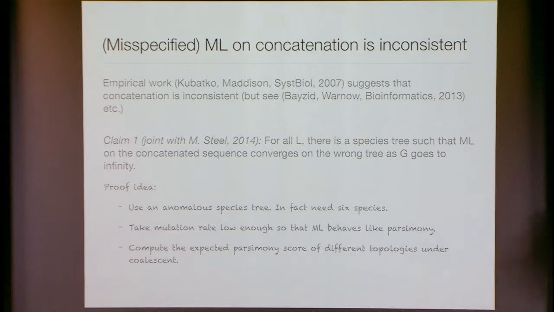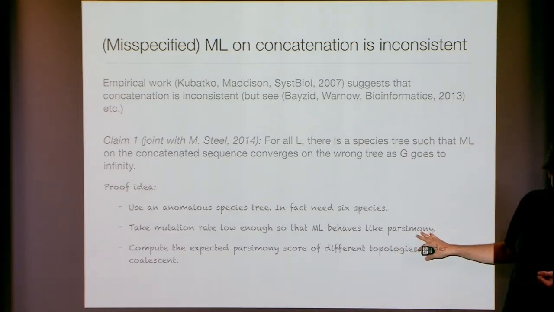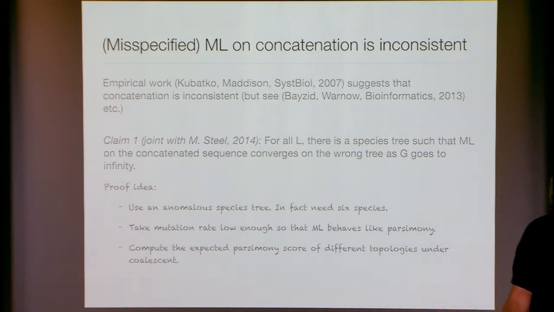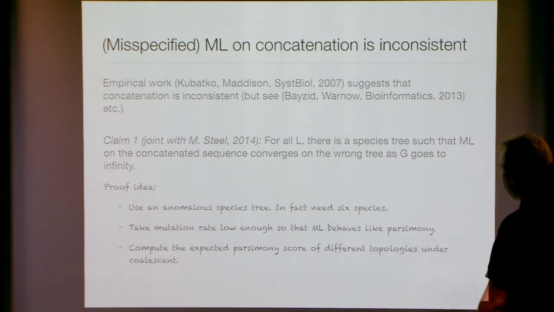And what happens when the mutation rate is very low is that maximum likelihood basically behaves like something called parsimony. Parsimony chooses a tree that minimizes the number of mutations that you have to put along the tree in order to explain the data. So it's a simpler, more combinatorial quantity.